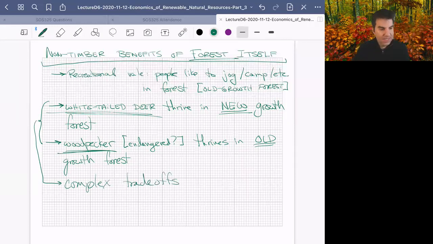So then we have to say, well, what is the true value?